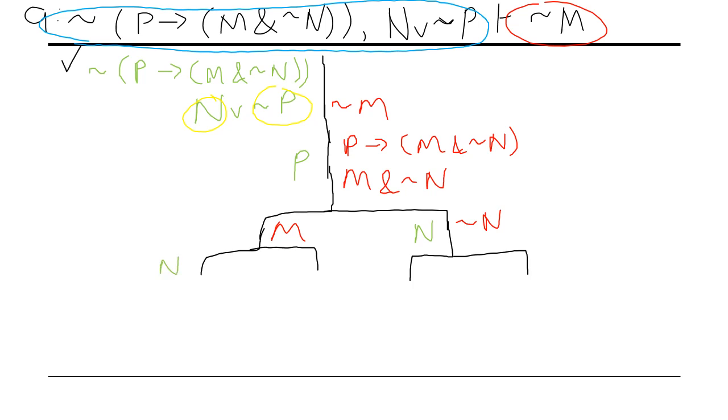So N, not P, N, not P. Then I just need to flip the not P across like that. And so this is us breaking down this premise right here. Same thing in both branches, because again, whatever happens above has to be put down into the branches below.